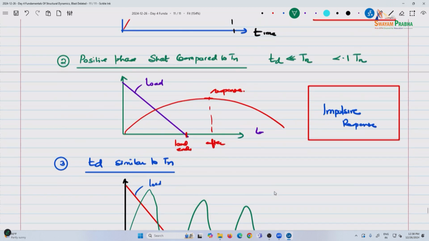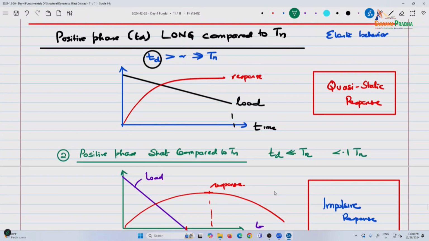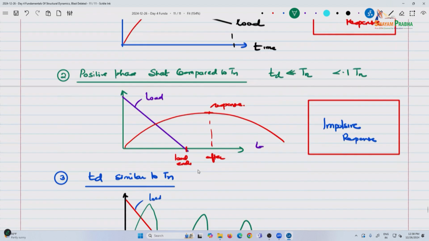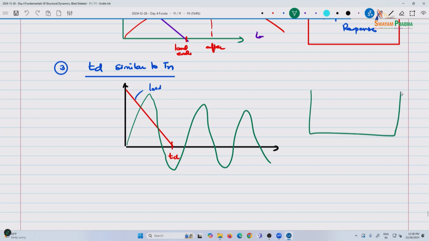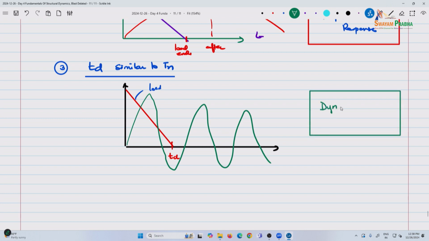Here we see this is somewhere in between, but there is an oscillatory response in the dynamic period. It could be here, it could be just outside. Where these numbers are, this regime is much more difficult to predict. It is a dynamic response.